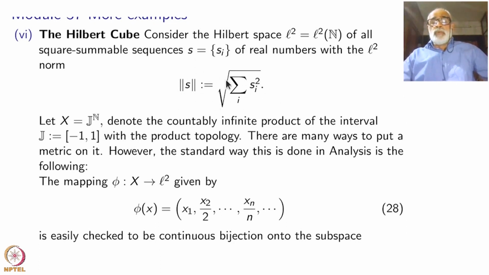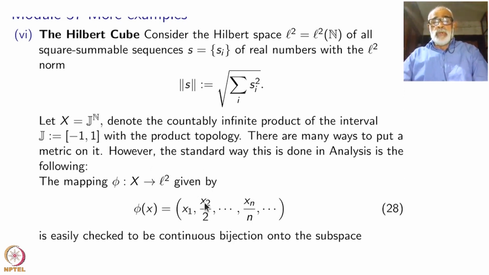So what we will do is we will take a standard embedding. The standard means it is convention after all. A lot of people are using that, especially in analysis. So we take a point x here, which is (xi), where each xi is between -1 and +1.